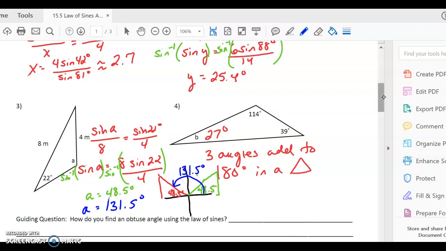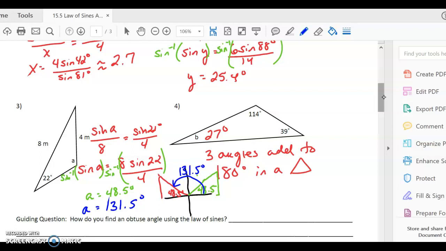Well, 48.5 is larger, but the question is, is it the biggest angle, or could it potentially be the medium-sized angle? Because if we're going to go with 48.5, then that third angle is going to end up being larger than 90 degrees. It's going to be obtuse. So that means that third missing side is going to be the longest side. So we don't really know.